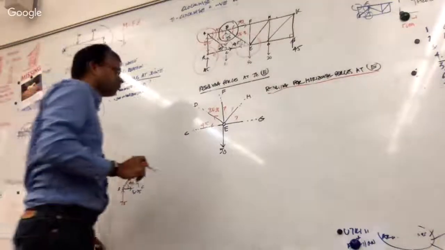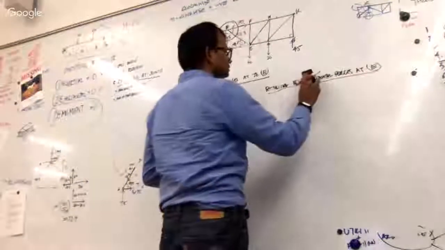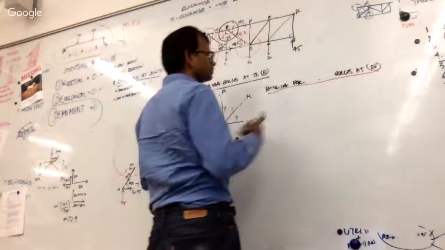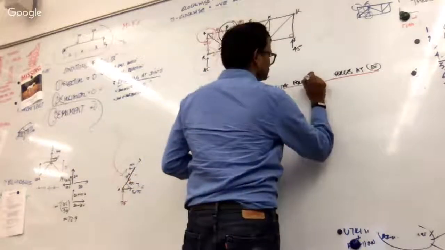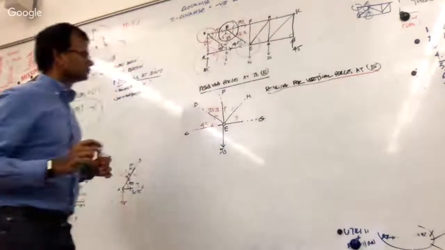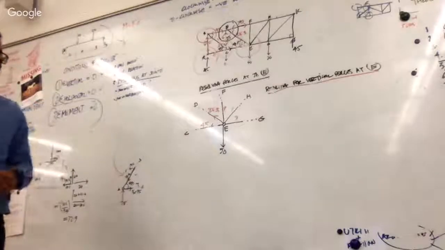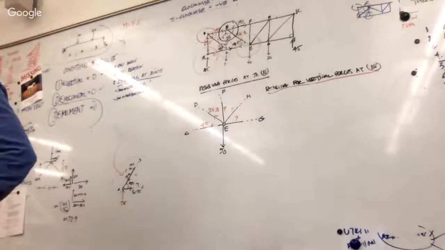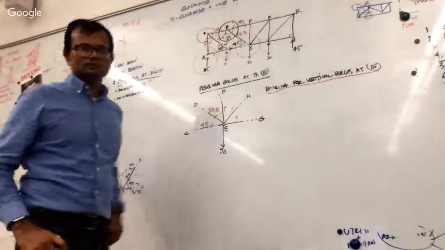So resolving for vertical forces at E, right? Casey, what are the vertical forces at E? We also have the force of 50 going down. Yeah, I've already got that. Would it be 50?